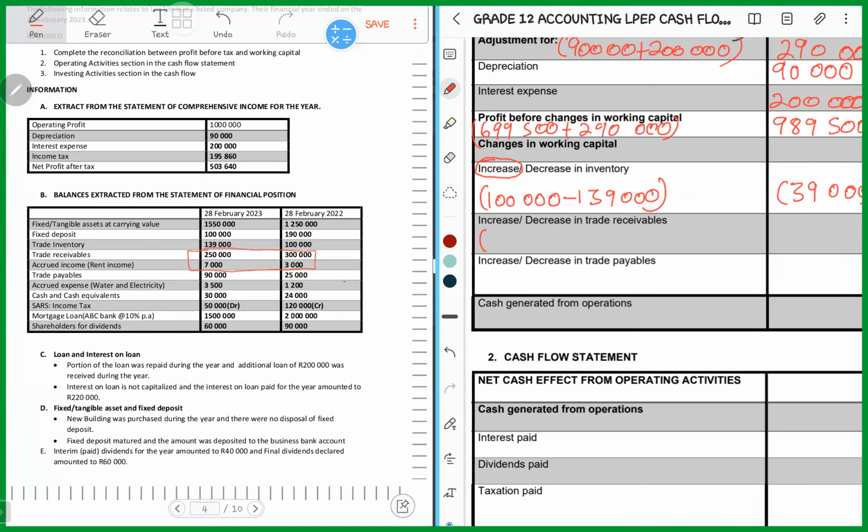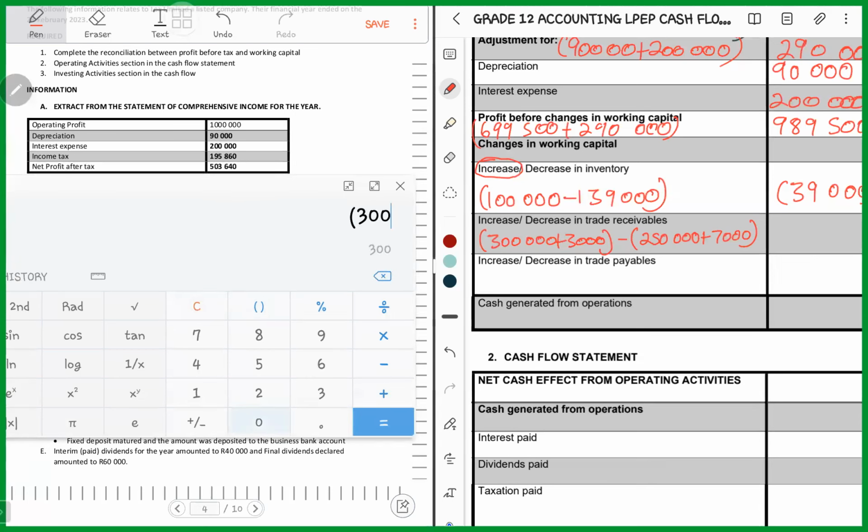So it's going to be 300,000 plus the 3,000 for the accrued income. Then we're going to subtract the 250,000 plus the 7,000. Then let's see how much it gives us.